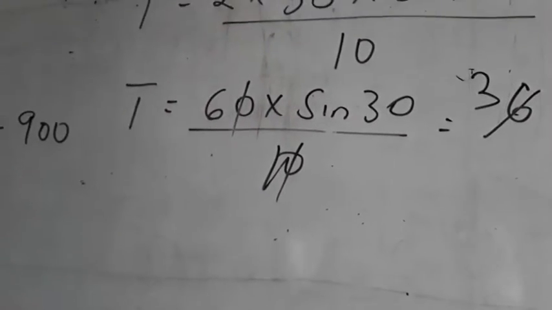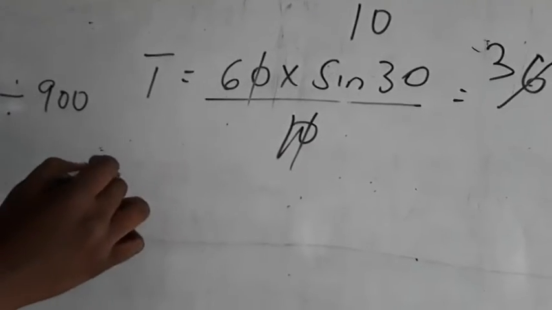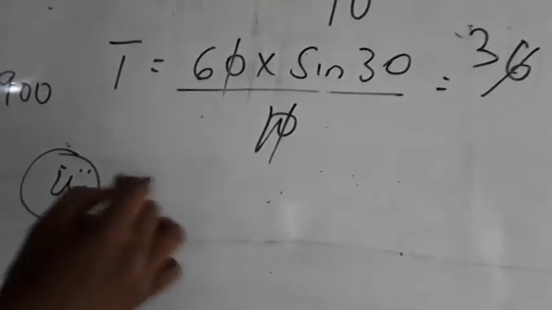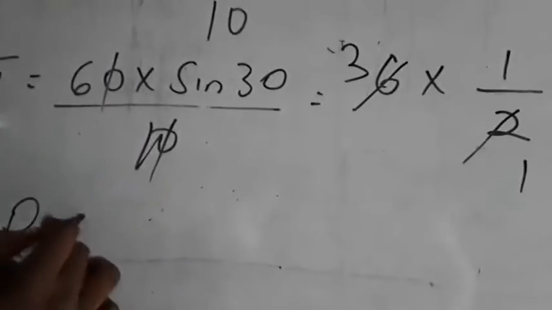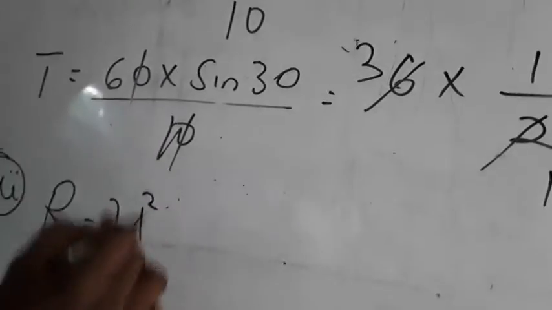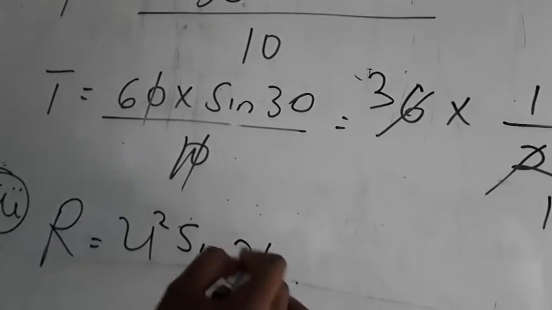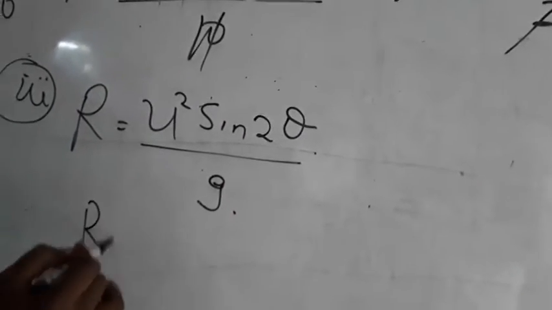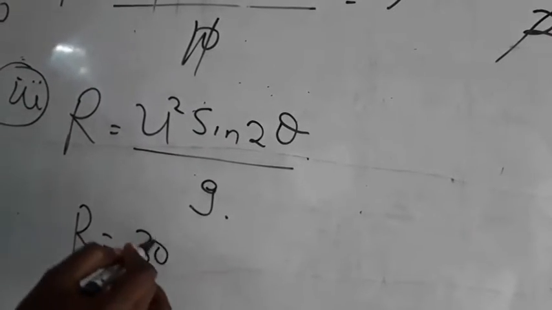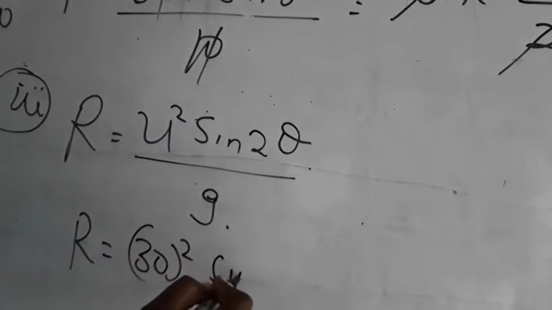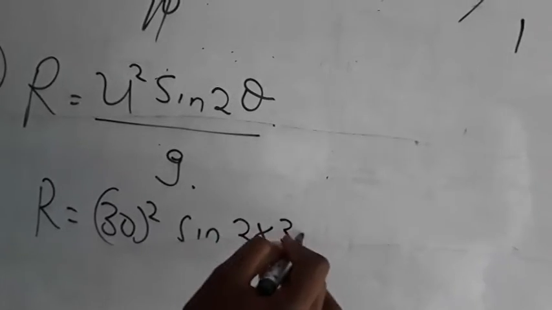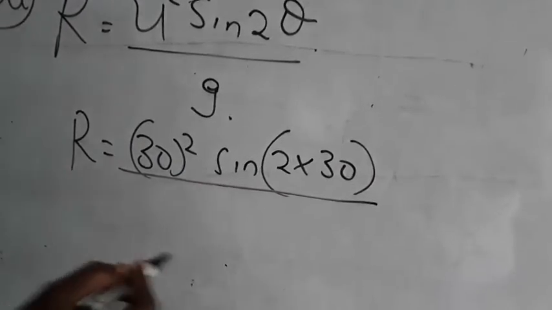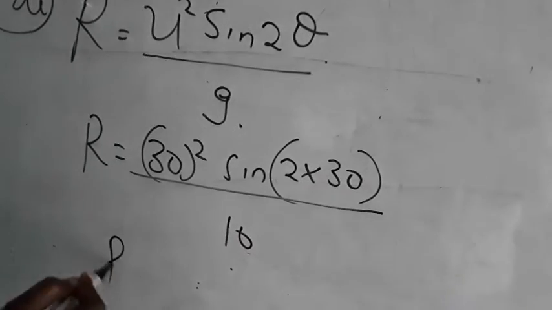So that's number 2. Now, the second to the last, you have your range to be u squared sine 2 theta over g. So your range becomes 30 squared sine 2 multiplied by 30 over 10.